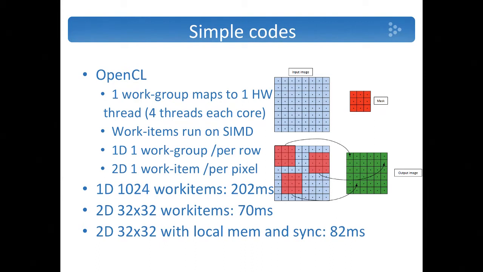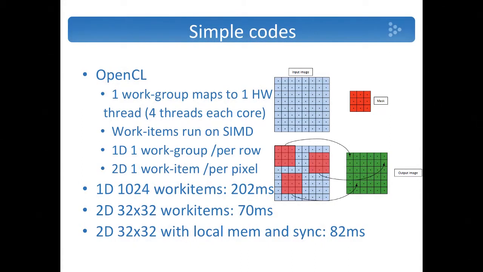It's just 1 work item per pixel. That means 1 element in the vector unit per pixel. So if we have a vector unit with a length of 16, we can run 16 work items on this vector unit simultaneously.